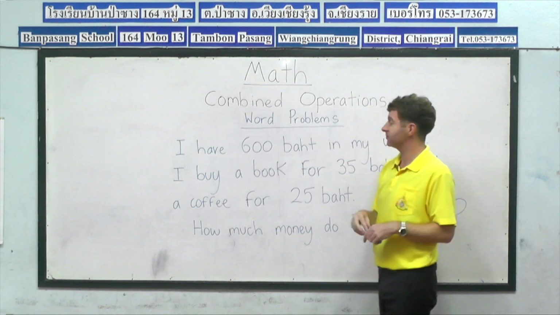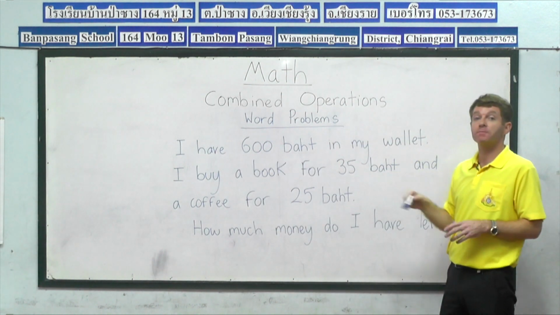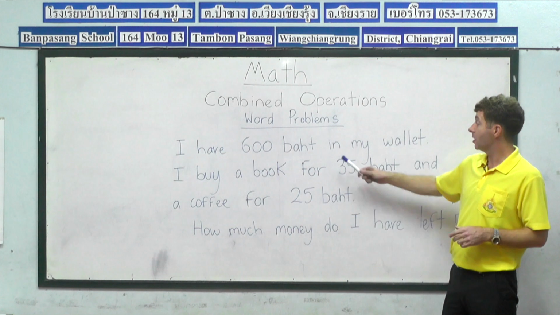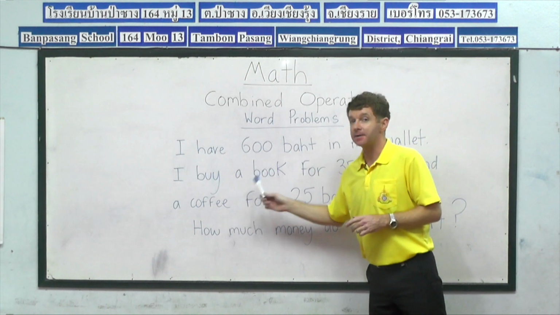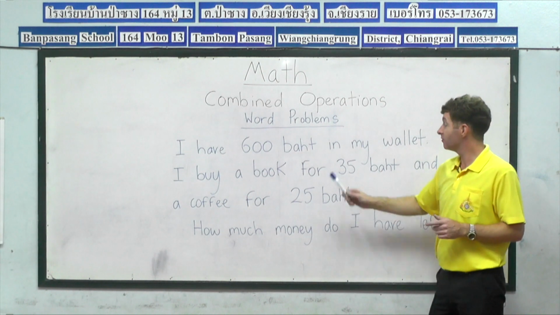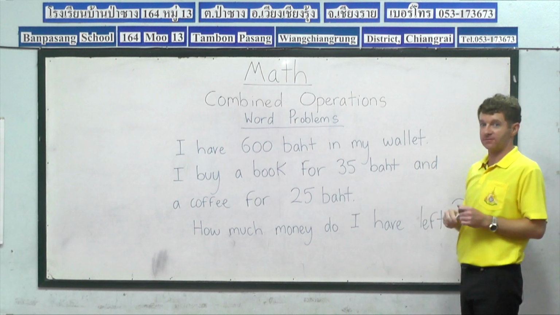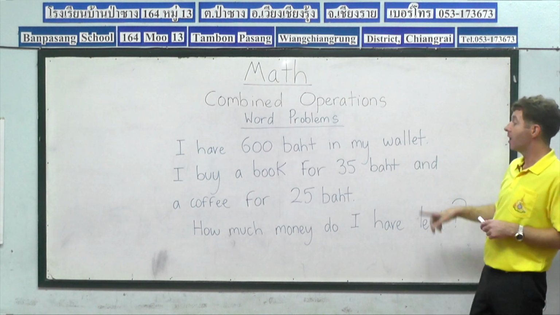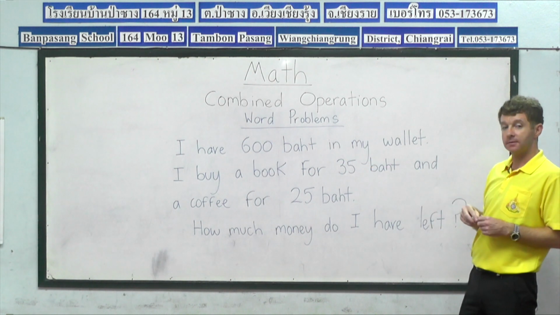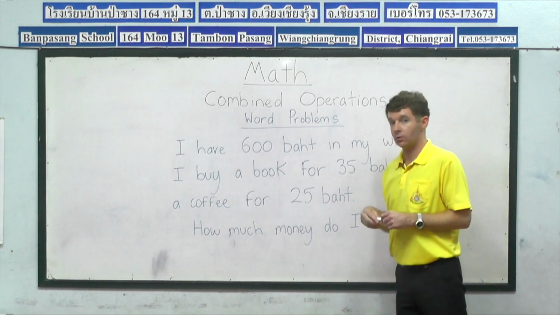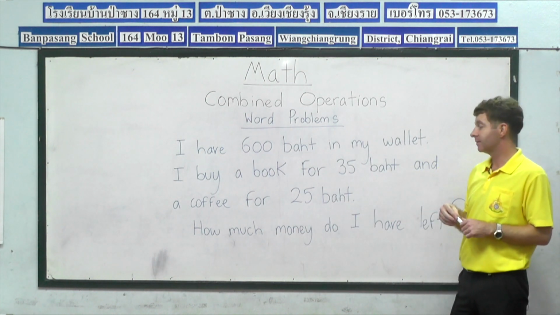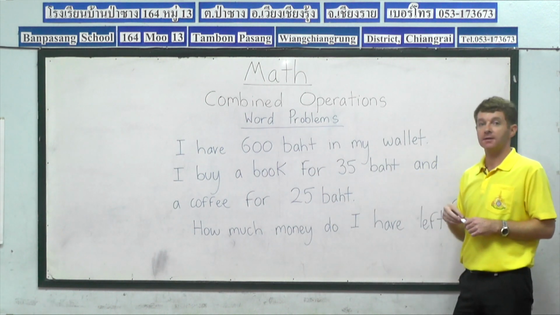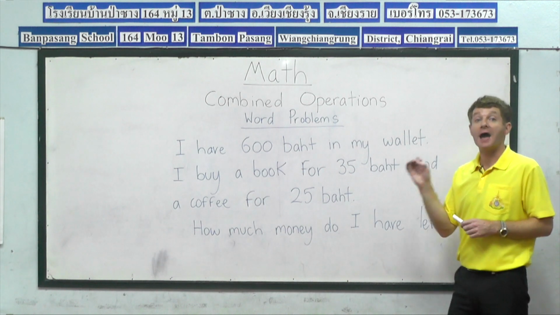I have 600 baht in my wallet. I buy a book for 35 baht and a coffee for 25 baht. How much money do I have left?